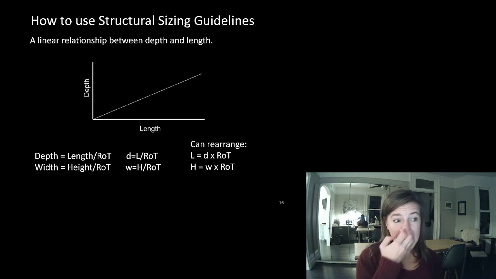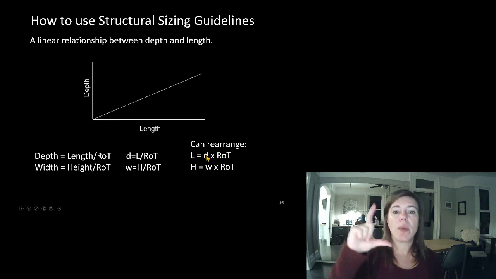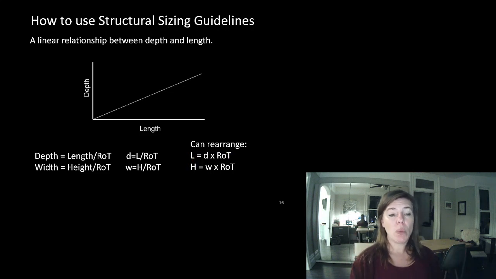All right, let's say we have a project that has a maximum depth of 400 millimeters for our steel assembly. Well, then we can use our rule of thumb, and that will tell us the maximum length of beam we could have. And if we know the maximum length of beam we can have, then we know where our columns or other things that need to support it are. Basically, that could tell us our grid assembly.